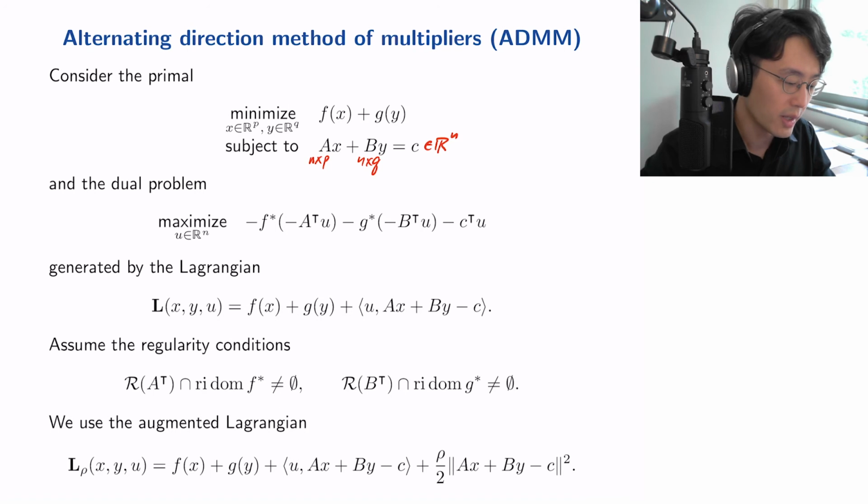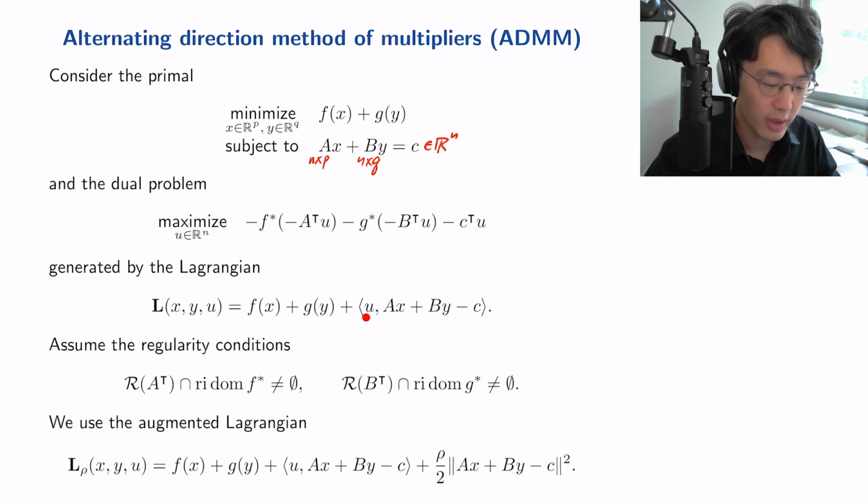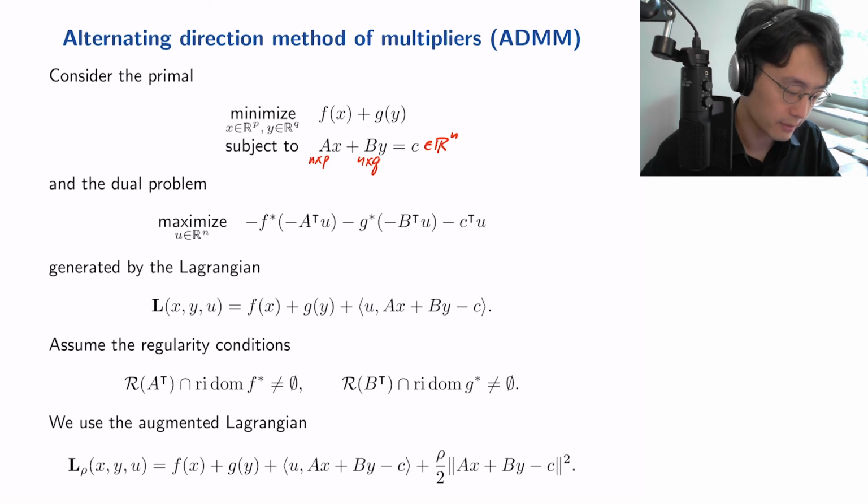So the Lagrangian has the primal variables x, y, and the dual variable u. And the L is f of x plus g of y, and then u inner product with ax plus by minus c. This Lagrangian is convex in x and y. It is jointly convex in x and y, and it is linear and therefore concave in the dual variable u.